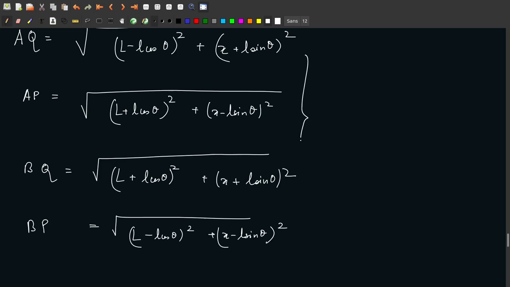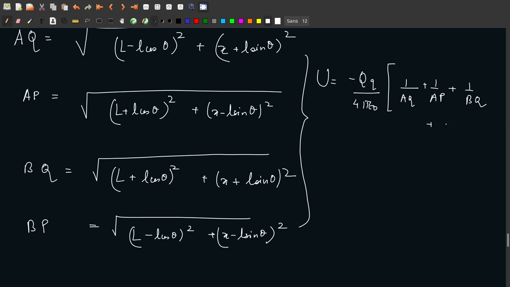And obviously the potential energy of the configuration U is equal to minus Qq divided by 4 pi epsilon naught times (1 by AQ plus 1 by AP plus 1 by BQ plus 1 by BP). So this is the potential energy of the configuration.